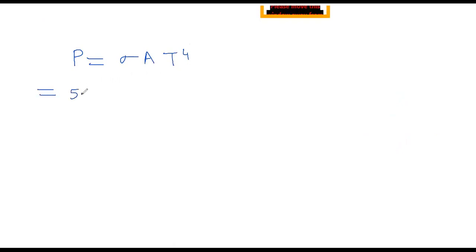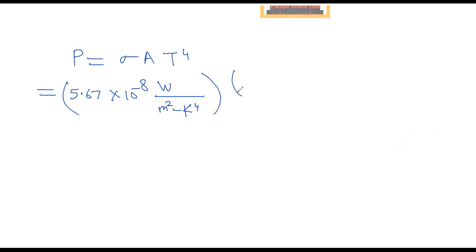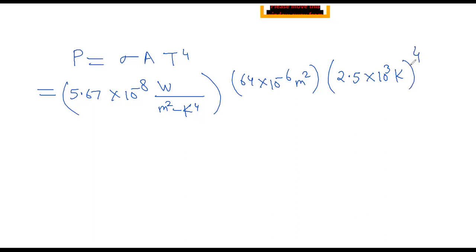Here sigma could be 5.67 into 10 raised to minus 8 watt per meter square Kelvin raised to 4, multiplied by 54 into 10 raised to minus 6 meter square, multiplied by 2.5 into 10 cube Kelvin raised to 4.